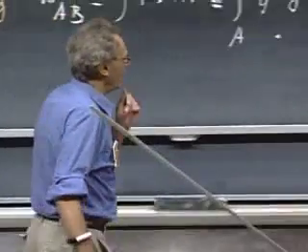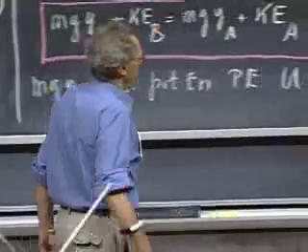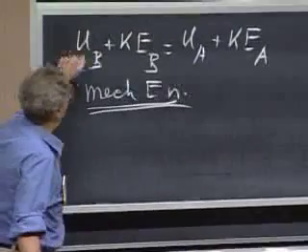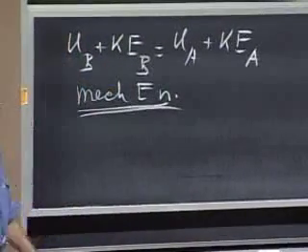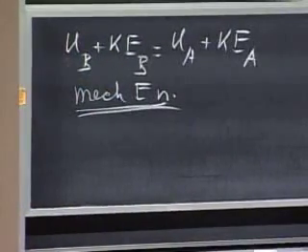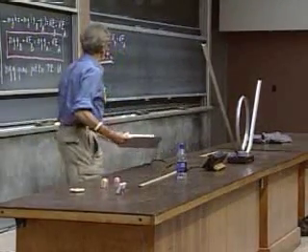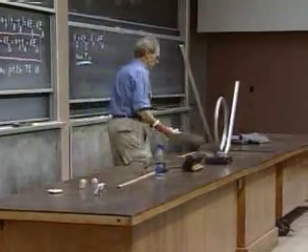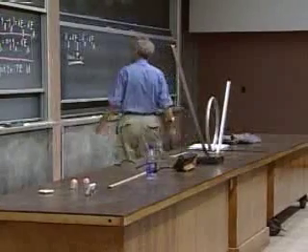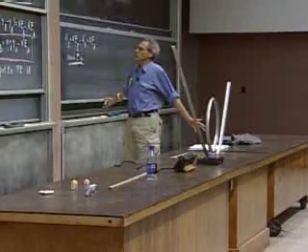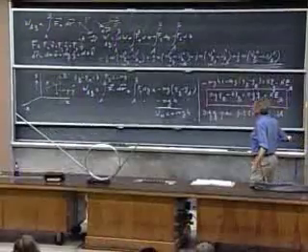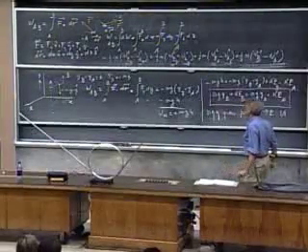If I look at this result, the sum of gravitational potential energy and kinetic energy is conserved for gravitational force, then it is immediately obvious where we put the zero of kinetic energy. The zero of kinetic energy is when the object has no velocity, because kinetic energy equals 1/2 mv squared.